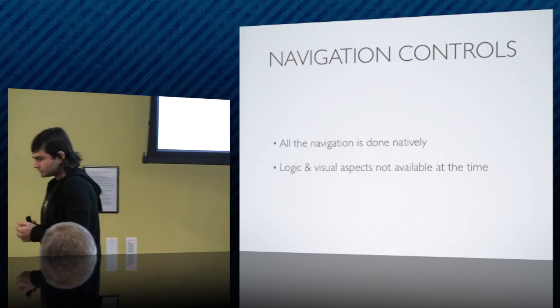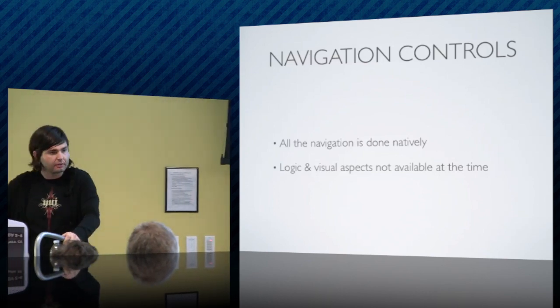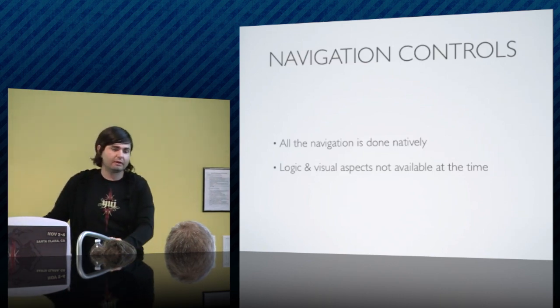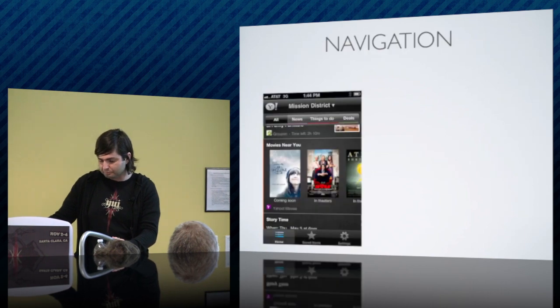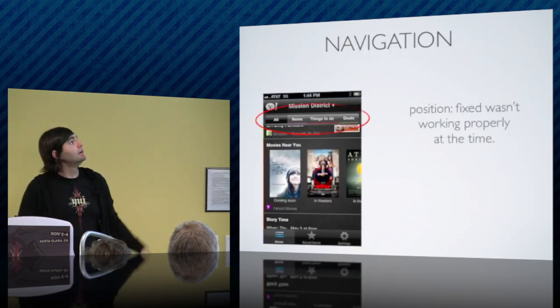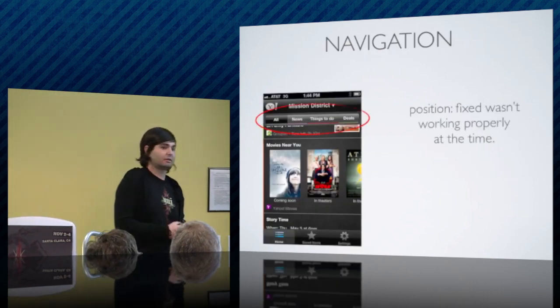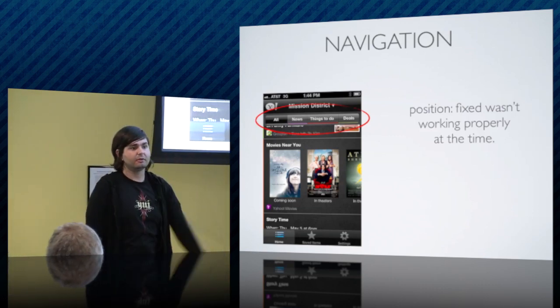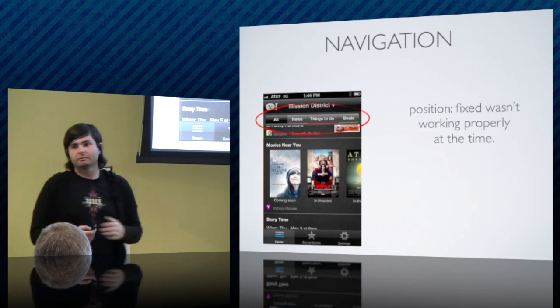The reason was that some of the things we wanted to use weren't there. First, position fixed wasn't working on iOS 4. That little thing up there needed to stay always on top, and that wasn't working.